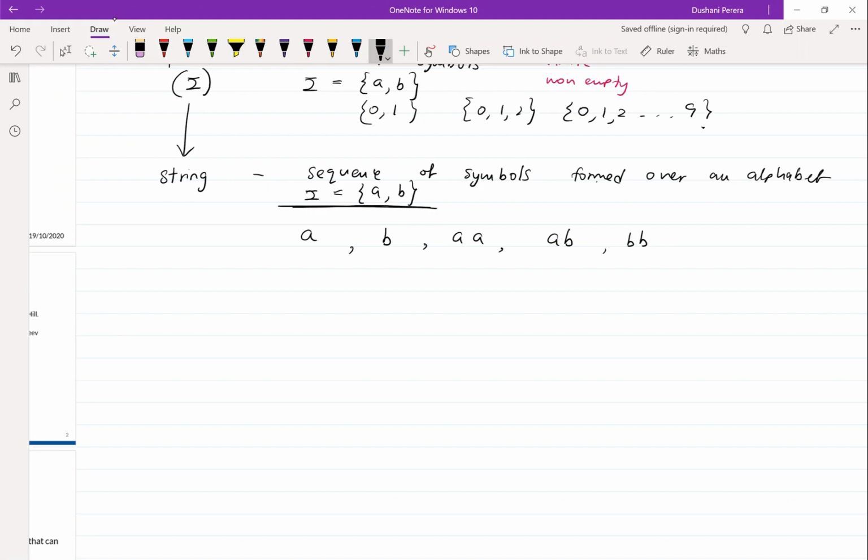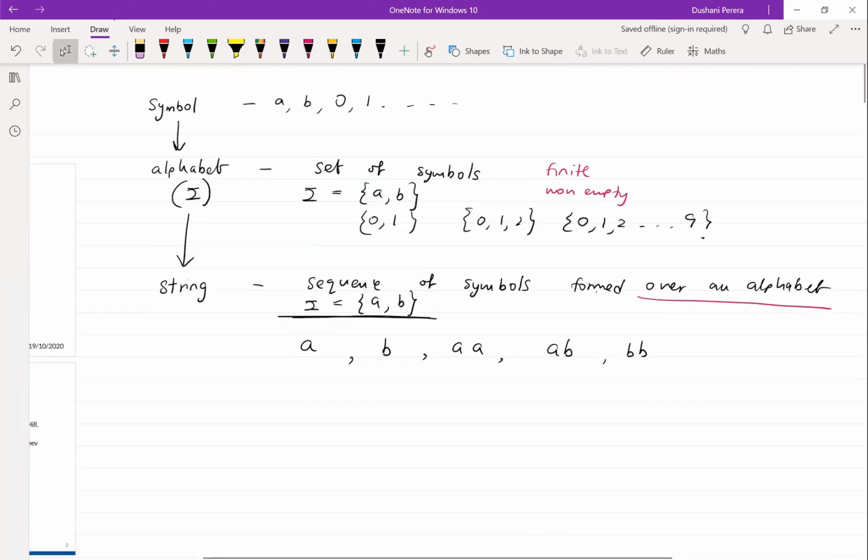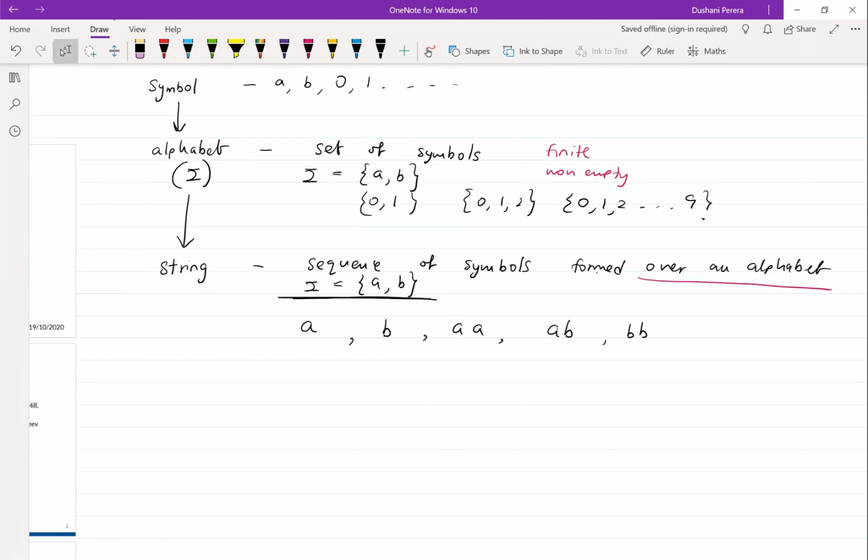A string is always defined over an alphabet. That is important. If there's no alphabet, there will not be a string which we can generate over that particular alphabet. So symbols get collected together to create an alphabet, and then using an alphabet we can create a string which is formed over that particular sigma, the alphabet.